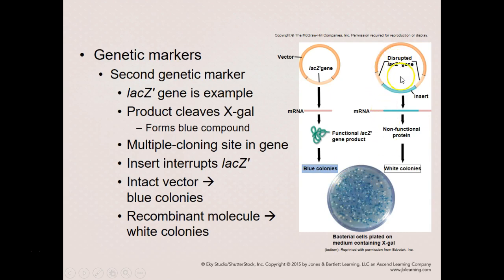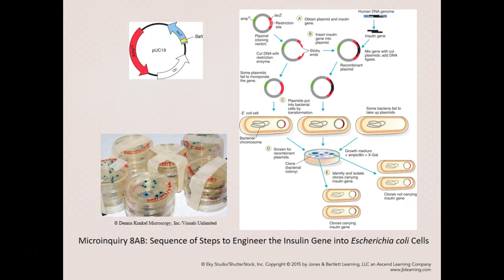If the LAC-Z gene is not intact, then we don't have that functional protein being produced, and so we won't utilize the lactose and we'll produce these white colonies. And so this is known as the blue and white screening test. And it helps us to identify the bacteria that have taken in the genes that we care about.